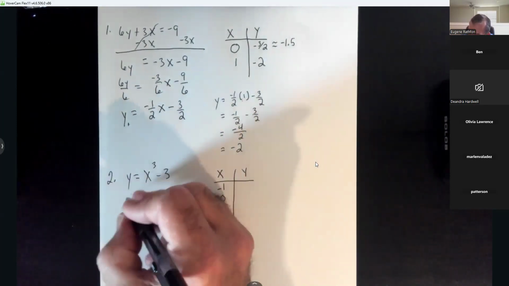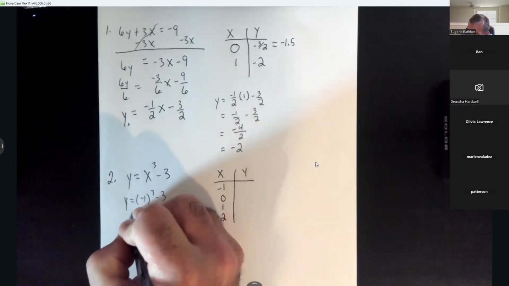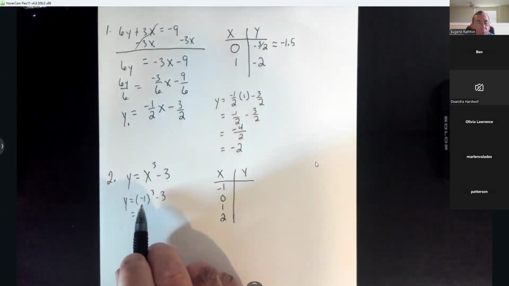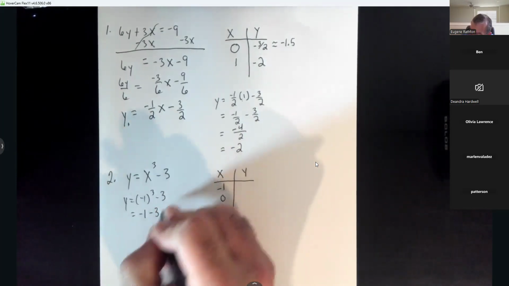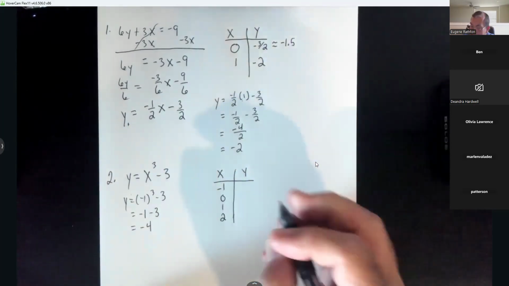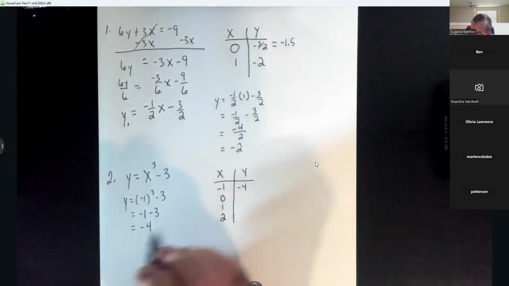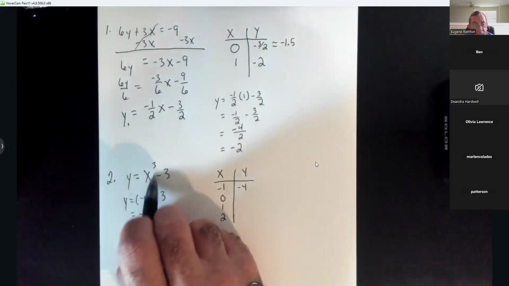So first I got -1 cubed minus 3. Well, y'all, -1 times -1 times -1 is -1, minus 3. -1 minus 3 is -4. When I put a 0 in here, 0 to any exponent is 0.